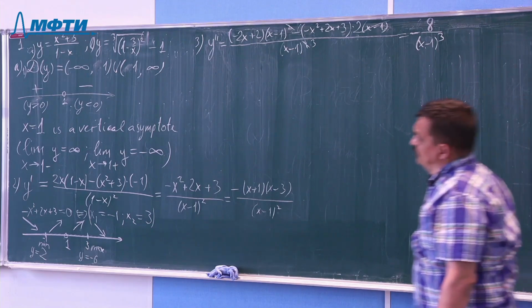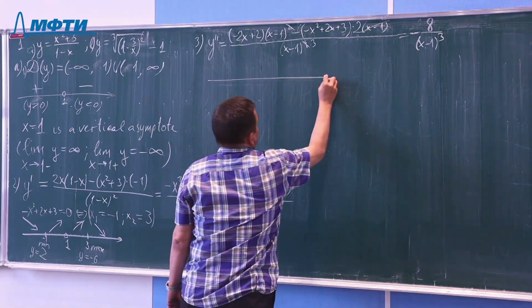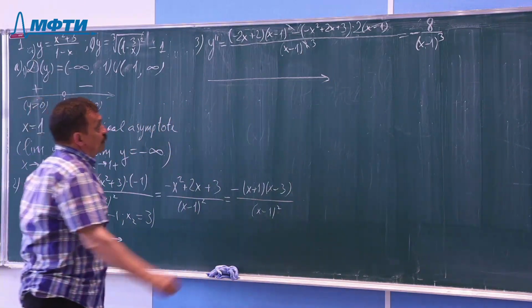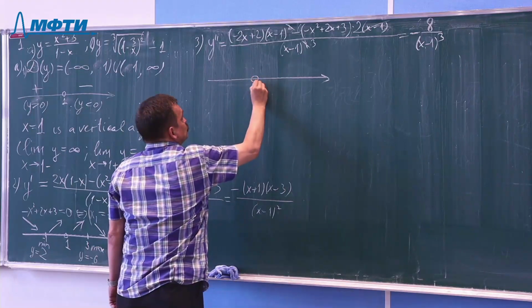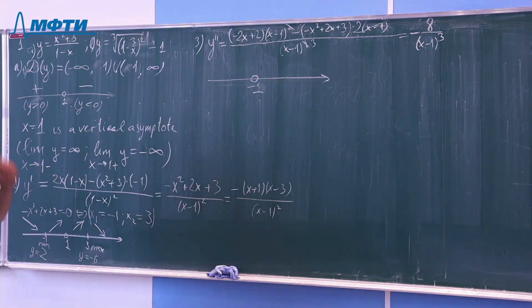So let's determine the direction of convexity. We have only one point, 1, where convexity may change sign.